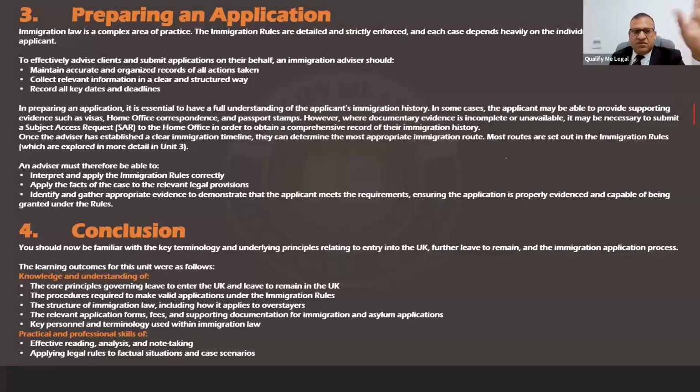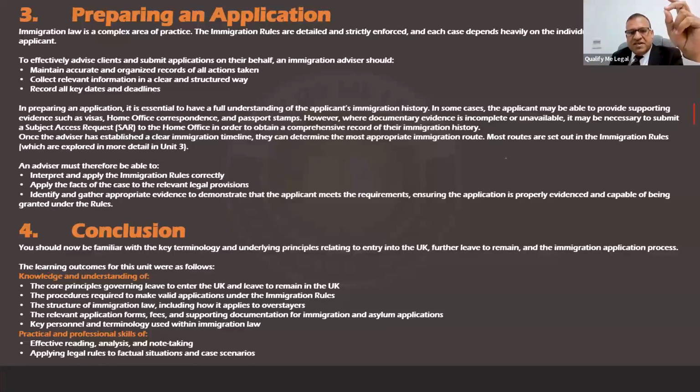So this is the whole about preparing a valid application. Then let's talk about the conclusion. So far, we have discussed the core principles governing leave to enter and leave to remain in the UK. Then we discussed the procedure required to make a valid application. And then we discussed the structure of immigration law.